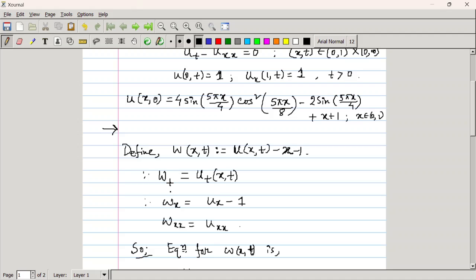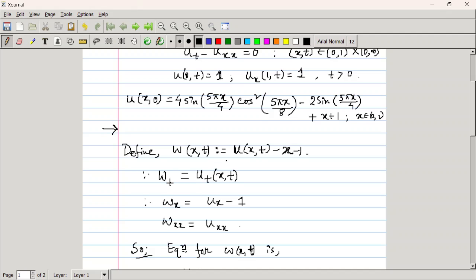So what is wt? Wt means partial derivative of w with respect to t, that is same as ut minus, this is x and 1, so their derivative with respect to t is 0, so wt is ut. Now what is wx?